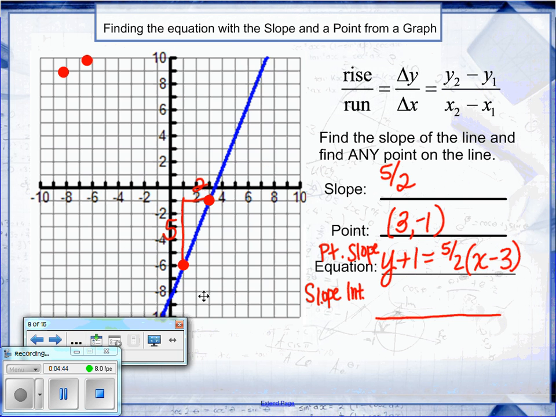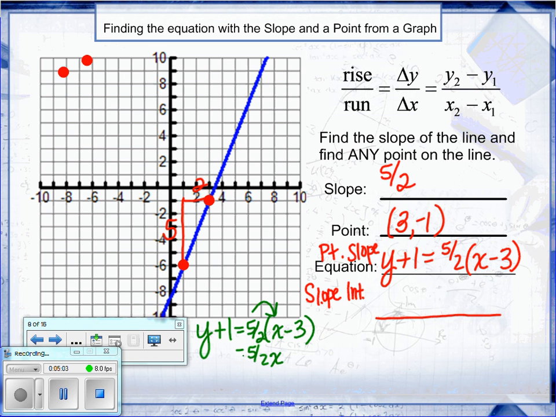Okay, so the first way I'm going to show you is by actually going ahead and distributing the 5/2 like I just said a minute ago. All right, y + 1. Just rewriting this so I have more room over here. All right, so we can actually distribute the 5/2. So 5/2 x equals, and then 5/2 times -3, which would be -15/2.